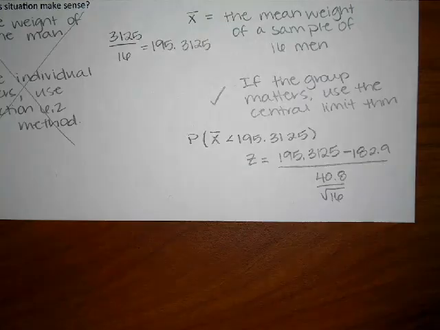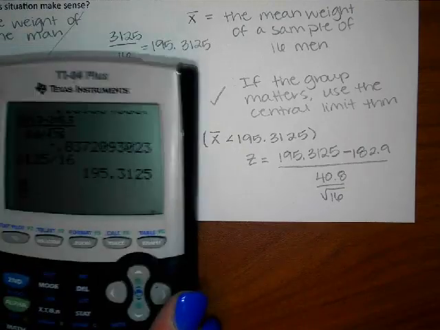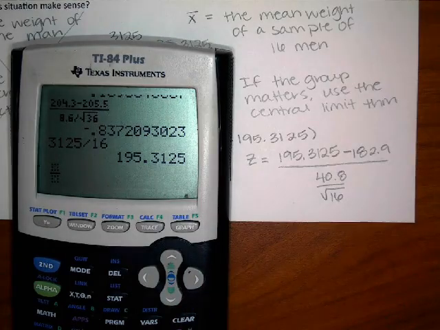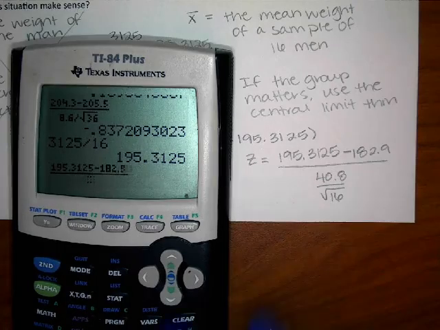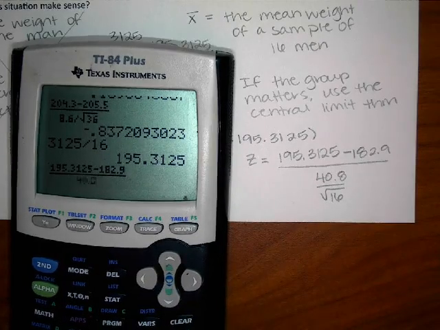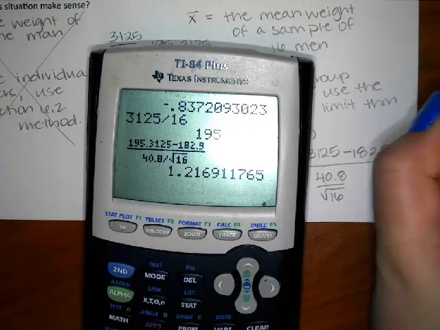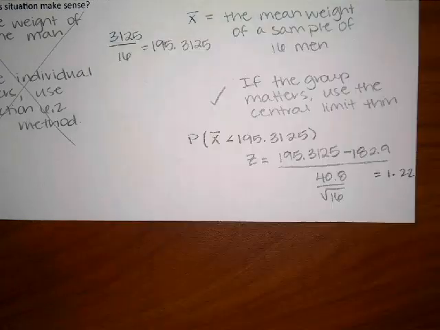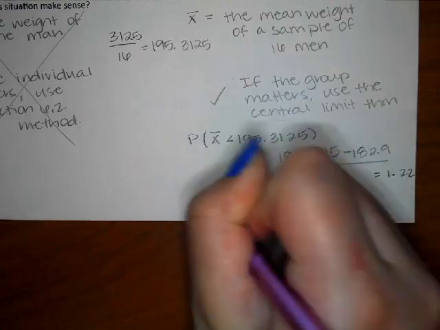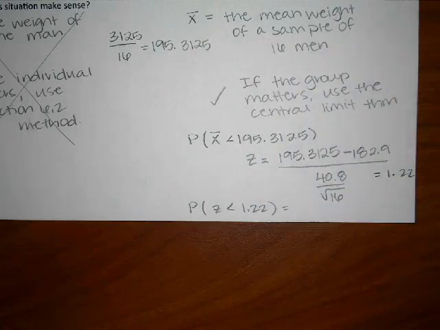All right, so the z-score for that random variable x is 195.3125 minus 182.9 over 40.8 divided by the square root of 16. So this z-score is 1.22. Okay, so the probability that z is less than 1.22, we got 0.8888.